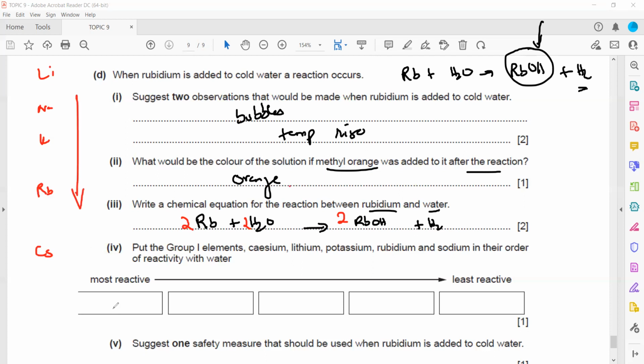Cesium is the most reactive and the least reactive is lithium. After cesium there will be rubidium, then potassium, and then sodium.